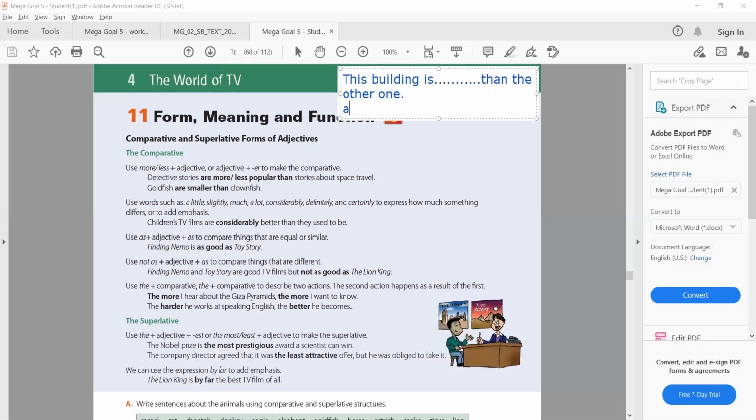A, oldest, and B, old, and C, older. Which one is the correct answer? This building is blank than the other one. So the oldest, old or older?